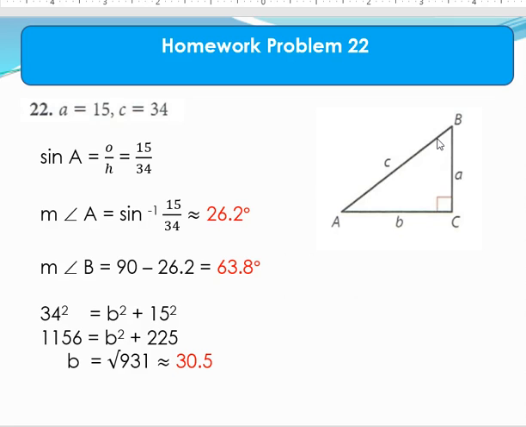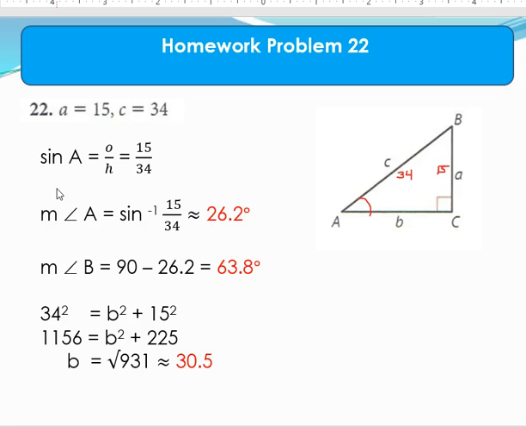So side A equals 15, and side C equals 34. So if we're looking at angle A, we have the opposite and the hypotenuse that we have values for. So we're going to use sine, and that'll be 15 over 34.